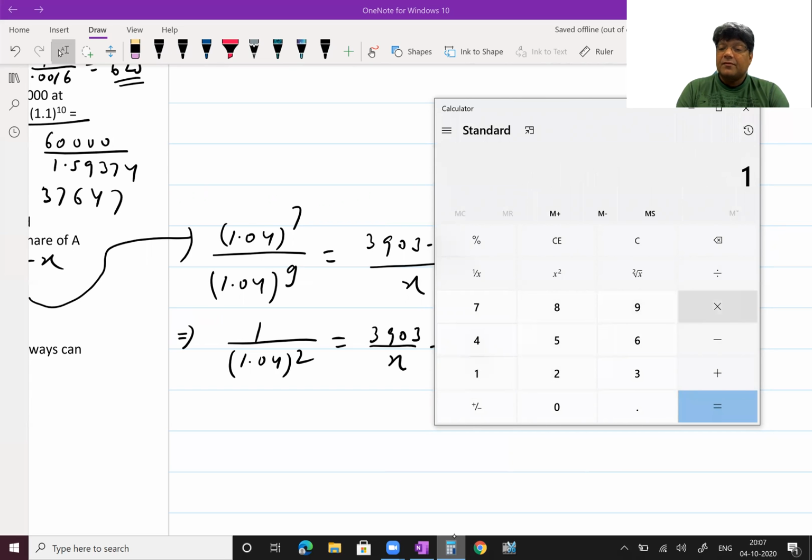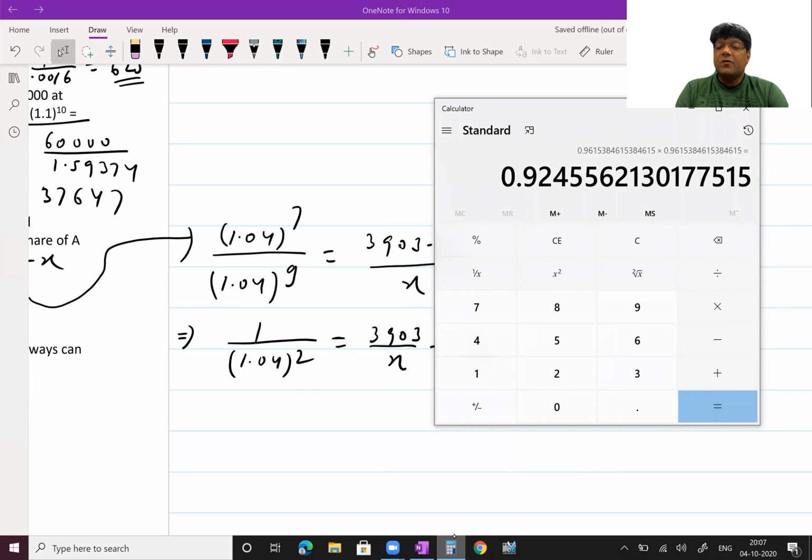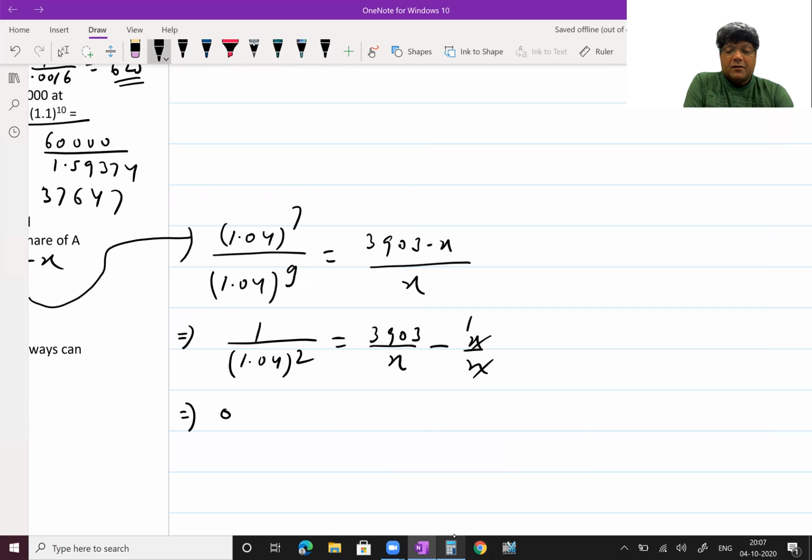1 divided by 1.04 into 1.04 is equal to 0.92455. 0.92455 is equal to 3903 by x minus 1.